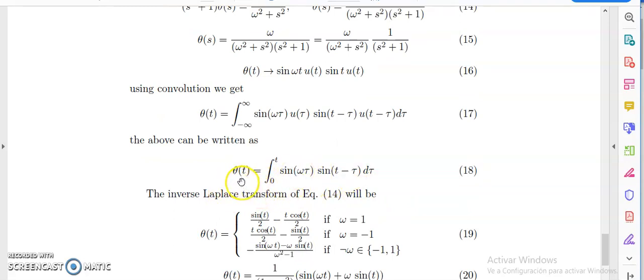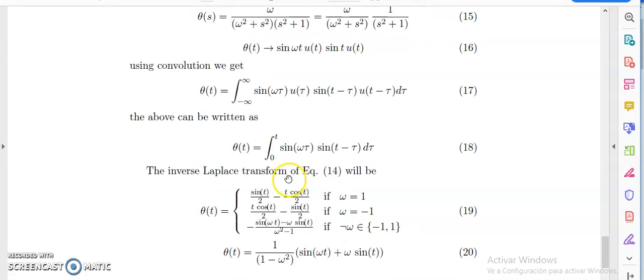So the solution of our second order linear ordinary differential equation will be this one. This is the solution in the case in which omega is equal to 1. This is the solution if omega is equal to minus 1, sorry. And this is the solution if omega is in the interval from minus 1 to plus 1.